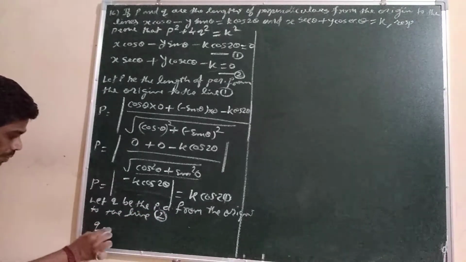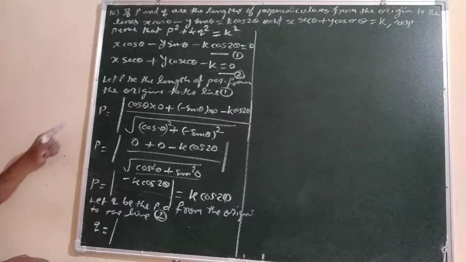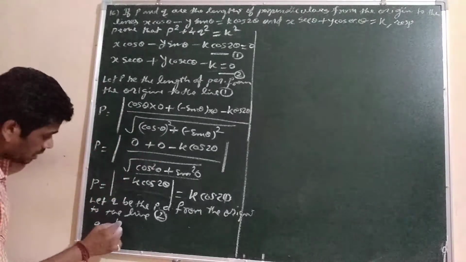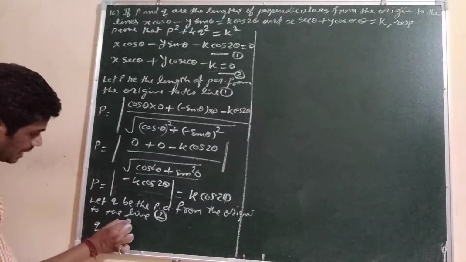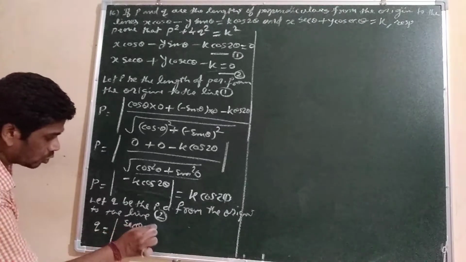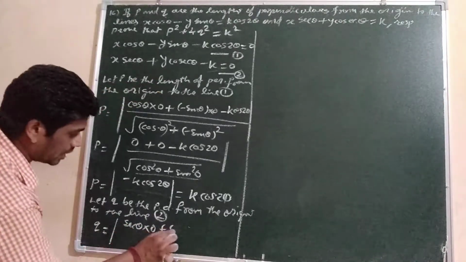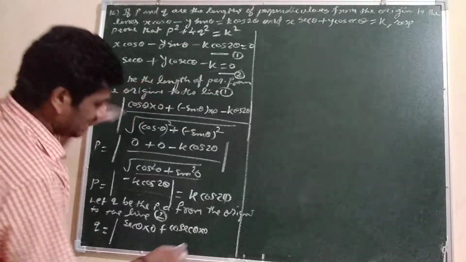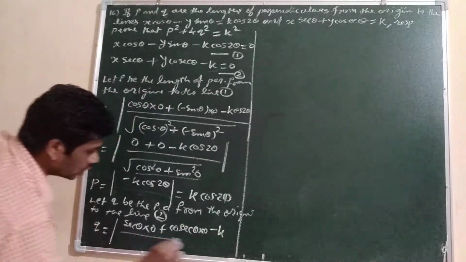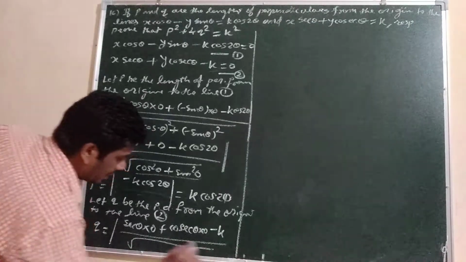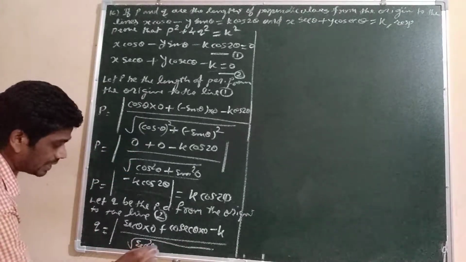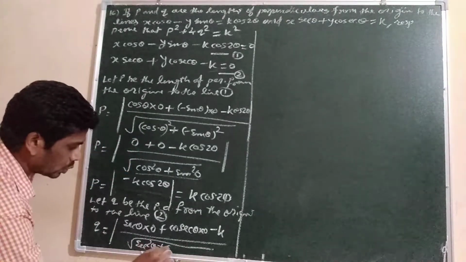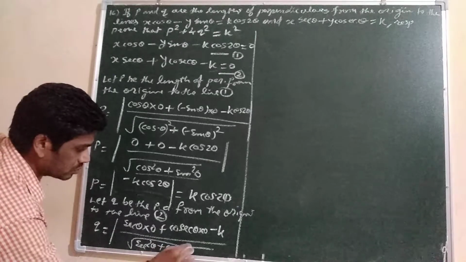So q equal to a into x1, where a is sec theta, so sec theta into 0, plus b is cosec theta, so cosec theta into 0, minus k, upon root of a square plus b square, which means sec square theta plus cosec square theta.